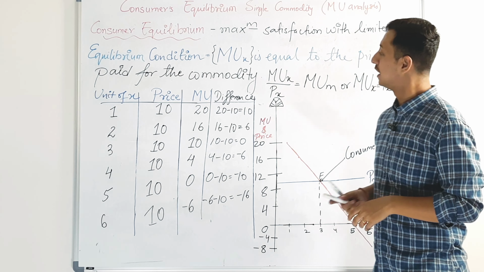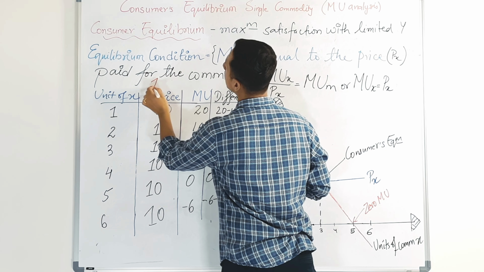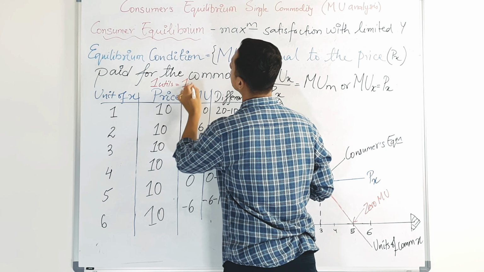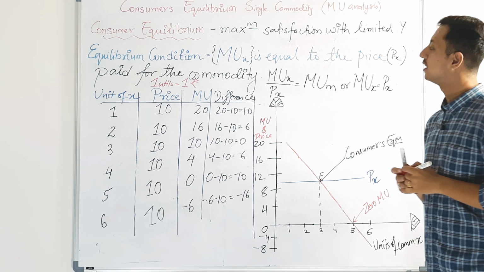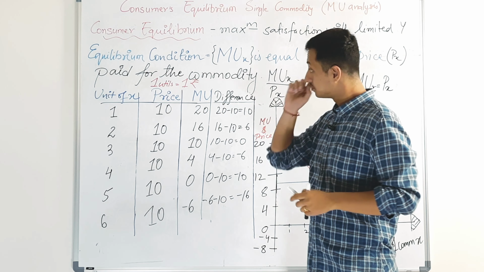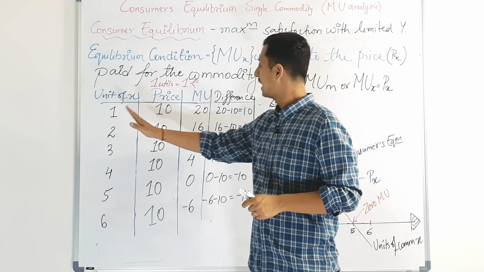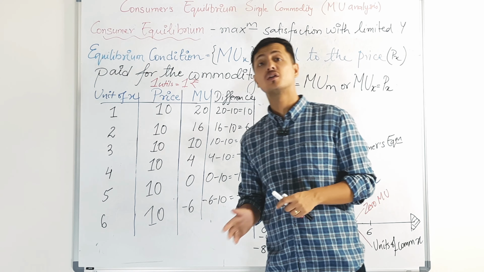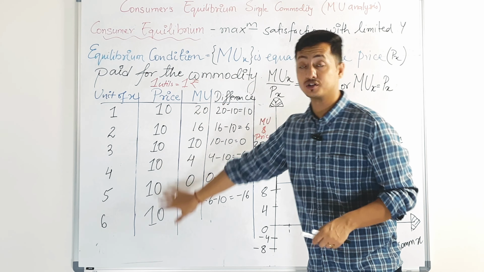For simplicity, let us consider 1 util equals 1 rupee, so let us equate utils with rupees. Now see here, units of X consumed, and this is the price. Let's say the price is 10. As they are having consecutively the same quantity and same quality, the price will remain constant.